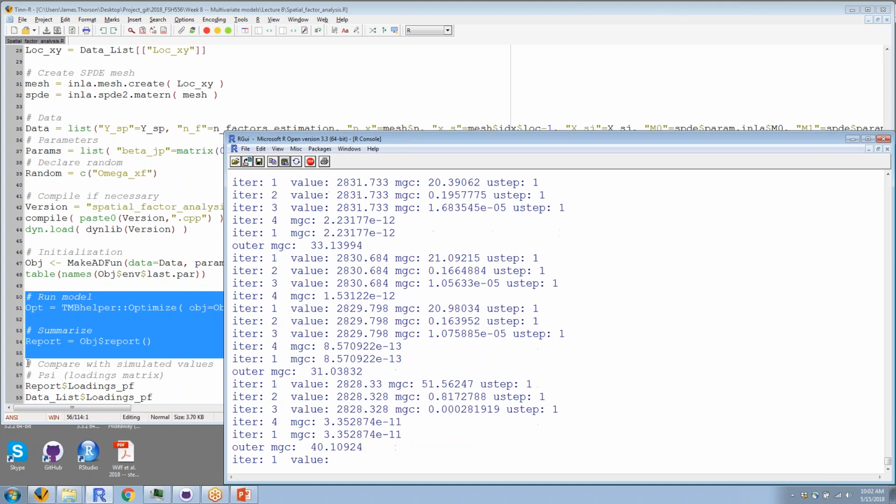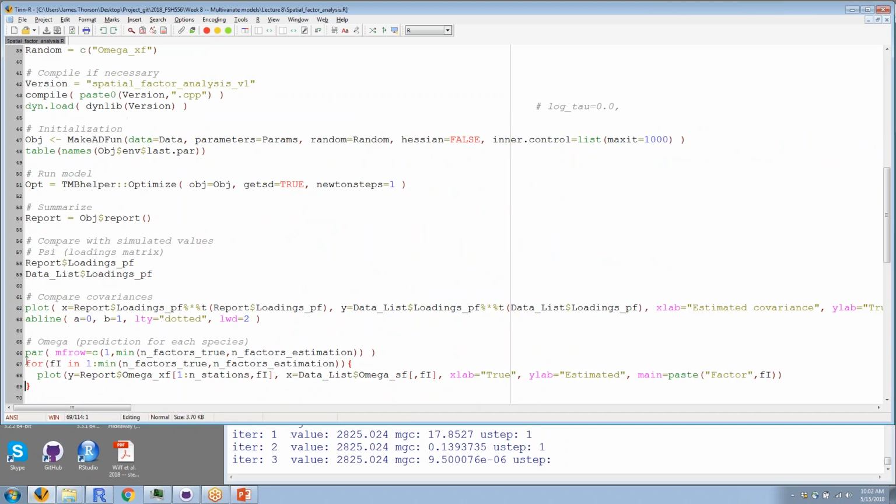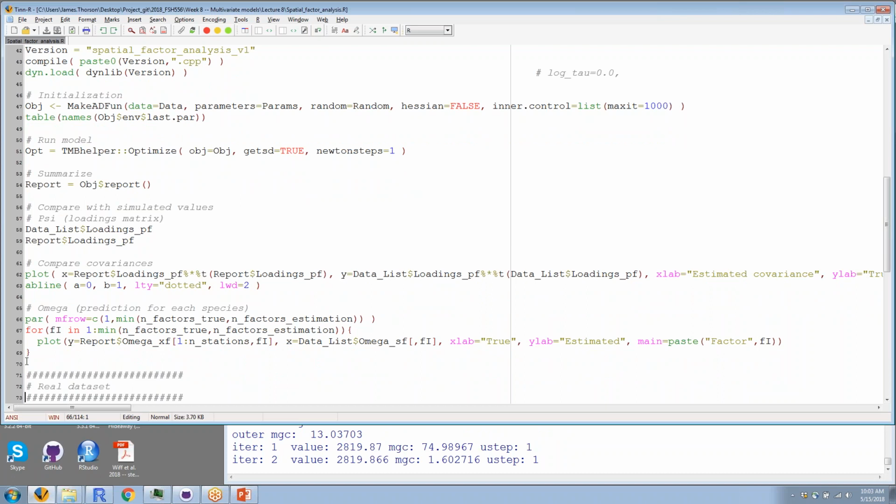And while we're looking at that, we can report out the loadings matrix that was used to simulate the data, and also compare it with the loadings matrix estimated by the model. We can compare the true or estimated covariance, and we compare the predictions of omega, the factor itself, between the true and estimated.